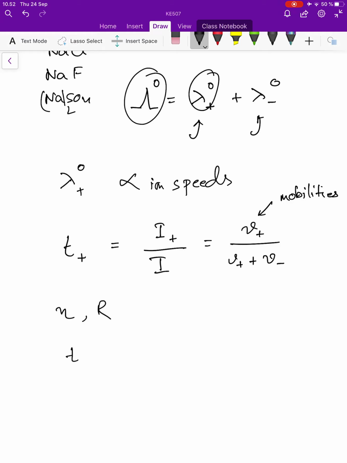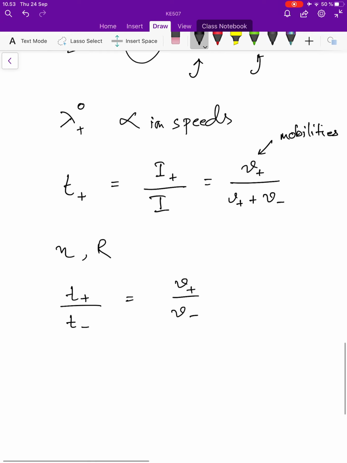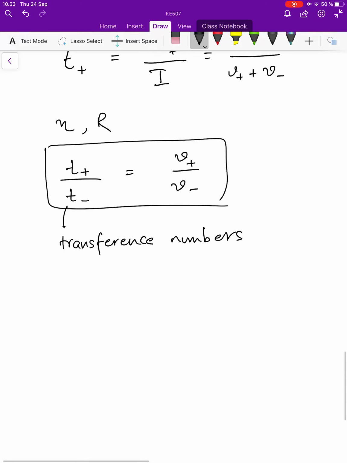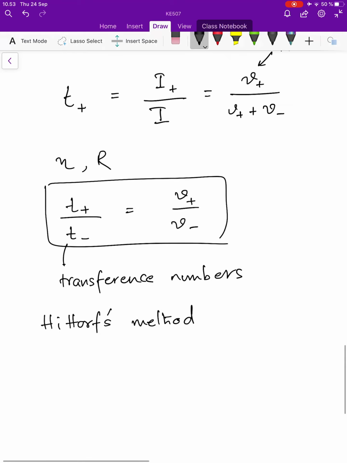Or in other words, the ratio between t plus and t minus will be equal to the ratio between the ionic speeds. These t plus and t minus are called transference numbers. And you will run an exercise in the lab where you will use something called Hittorf's method to calculate these transference numbers. More details about the method will be provided in the laboratory manual.